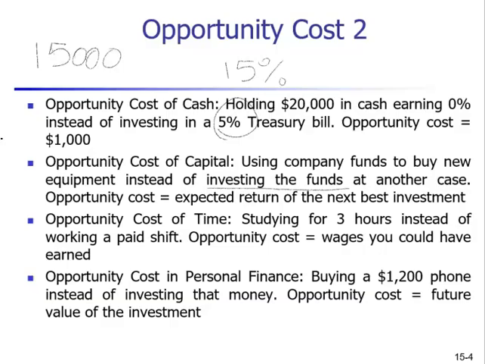Another example, opportunity cost of time. Studying for 3 hours is very relatable. Example: study for 3 hours instead of working a paid shift. For example, I get a call from my employer saying, can you come in on the weekend?